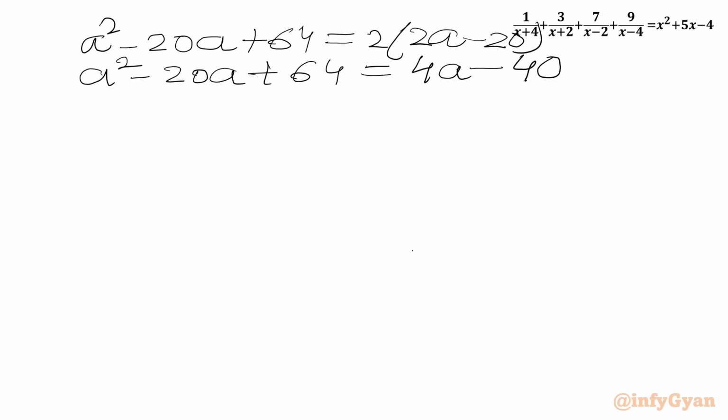Write all the terms to one side. We will get a square minus 24a plus 64 plus 40, 104, equal to 0.